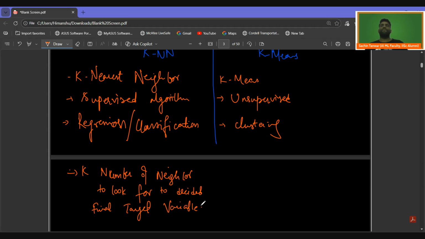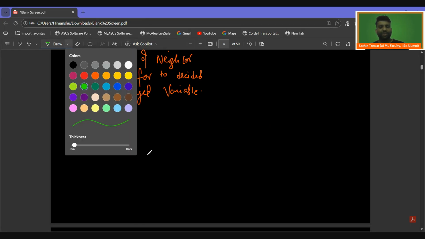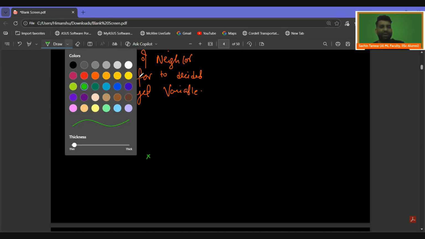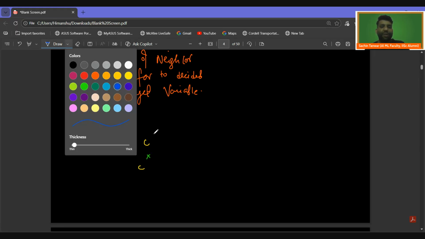I'm just giving you an example over here for understanding purposes. Let's suppose this is my query point, within this 2-dimensional space. I have a cat picture over here, a cat picture over here, and along with that a dog picture over here as well.